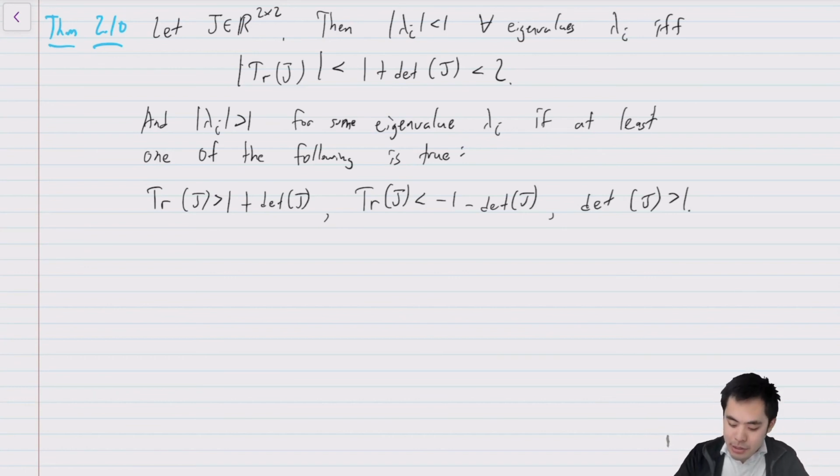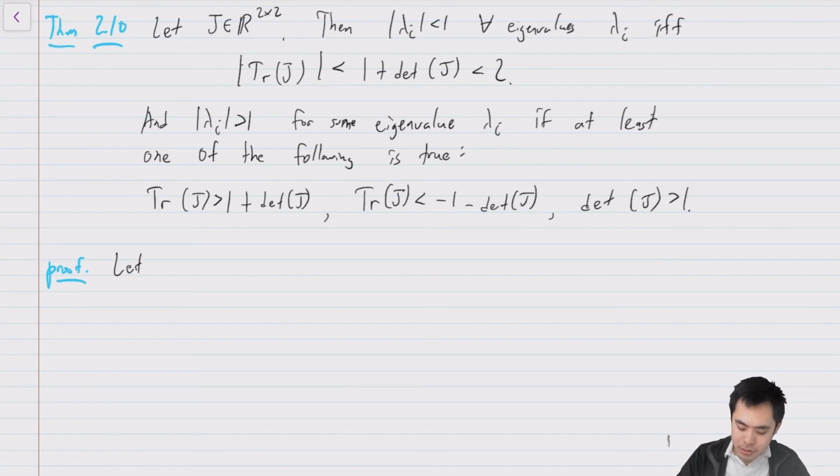Because the characteristic polynomial of a 2 by 2 matrix is determined by its trace and determinant, we can write out the conditions in terms of trace and determinant, both of which are relatively easy to compute. So let's go ahead and prove this 2 by 2 theorem 2.10.